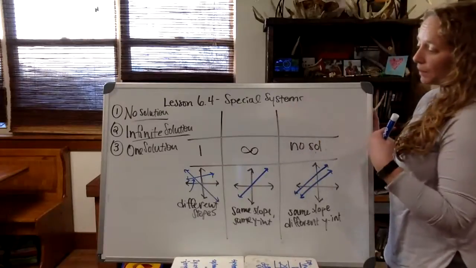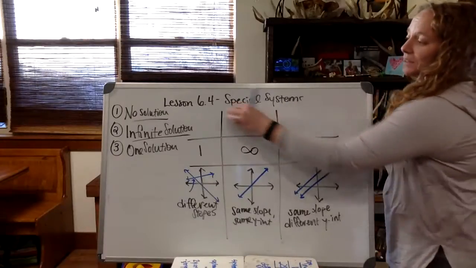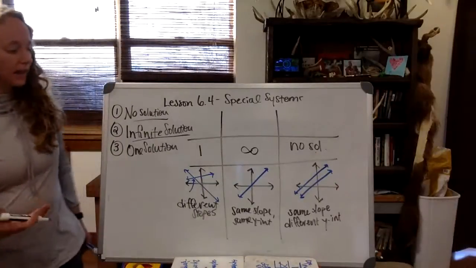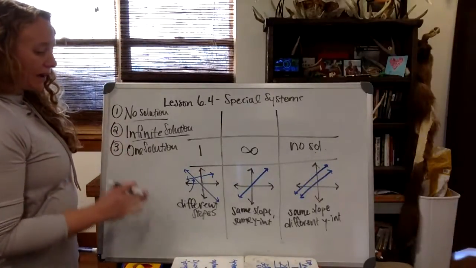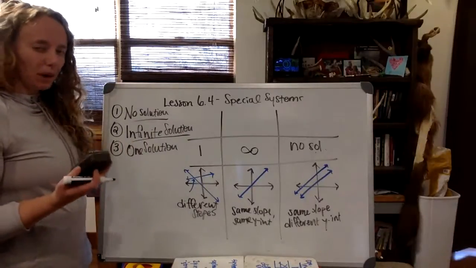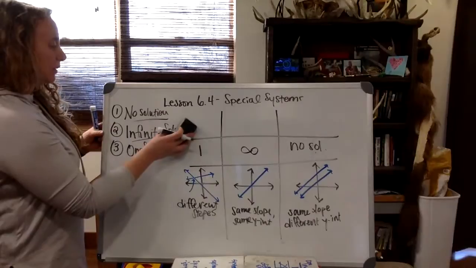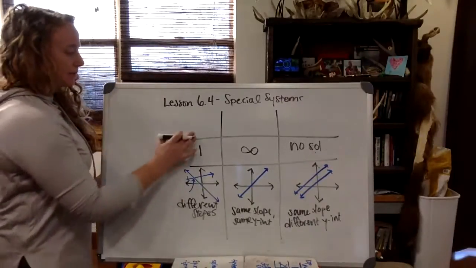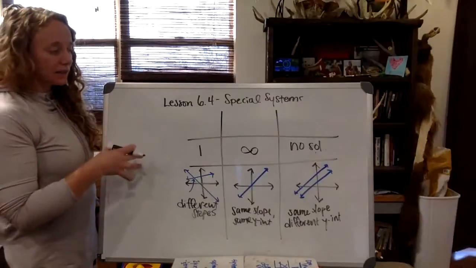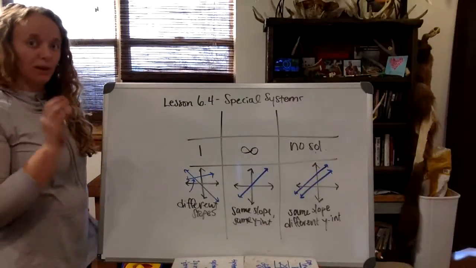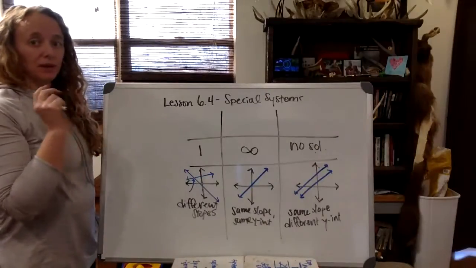Now, I've left off the titles of each one of these categories. These categories all have different parts to them that need to be explained. So let's now look at their titles. If we have a system that has any solution, that's not no solution. So we can say it has a point or it has infinite solutions.